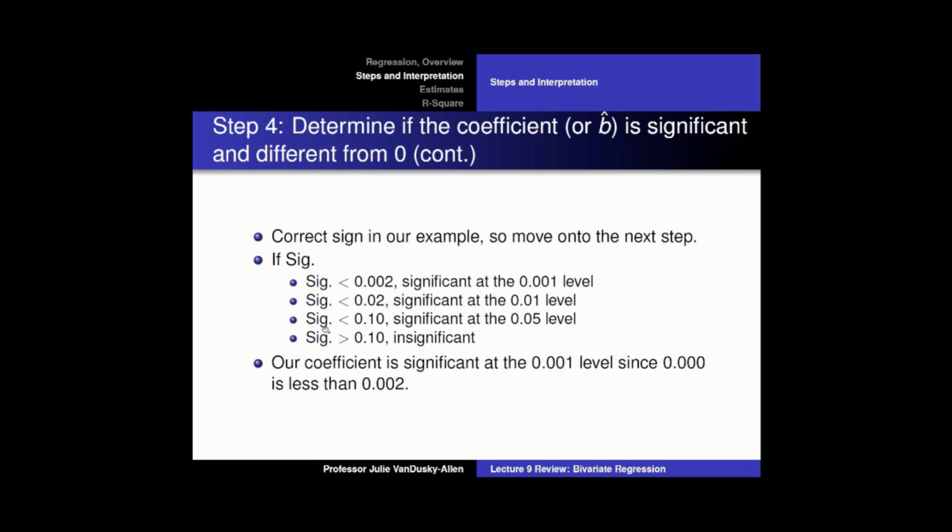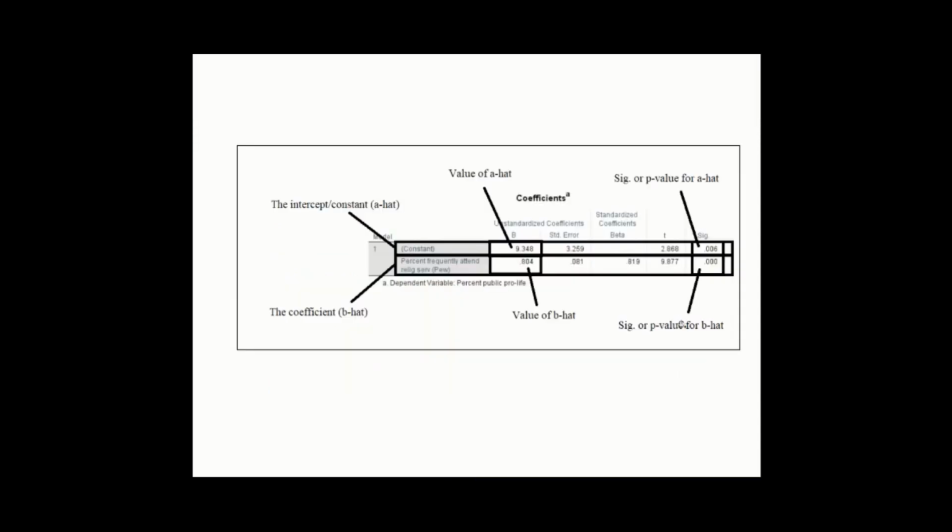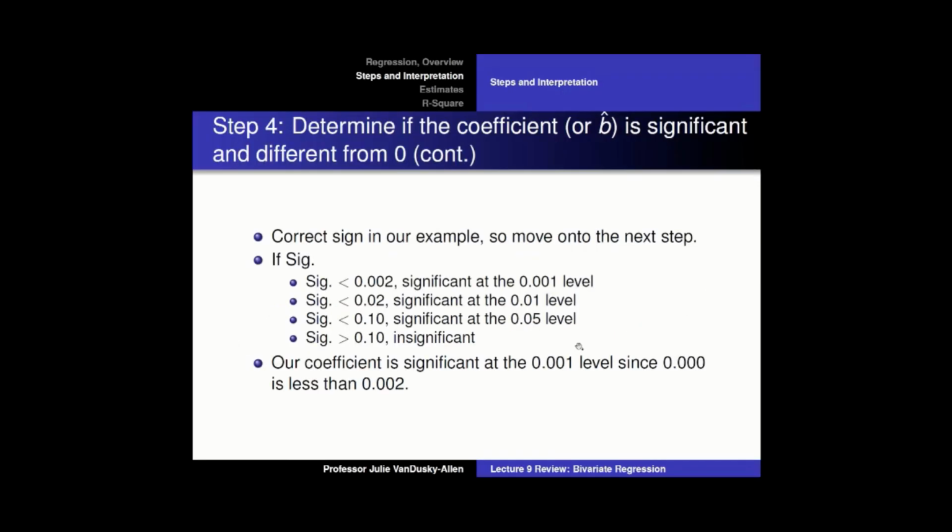If not, move on. If it's less than 0.10, it's significant at the 0.05 level. If not, then it's insignificant. So this is 0.000. Our coefficient is significant at the 0.001 level, since 0.000 is less than 0.002.